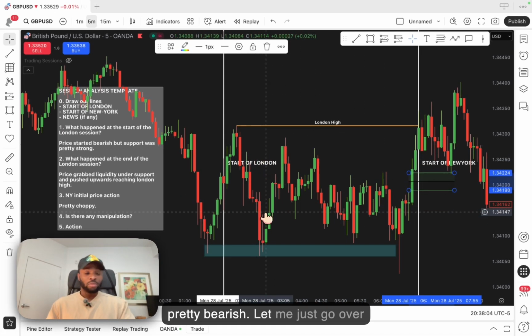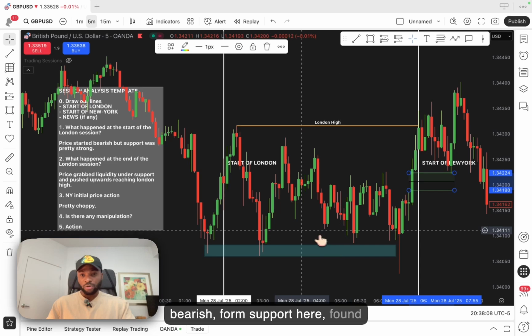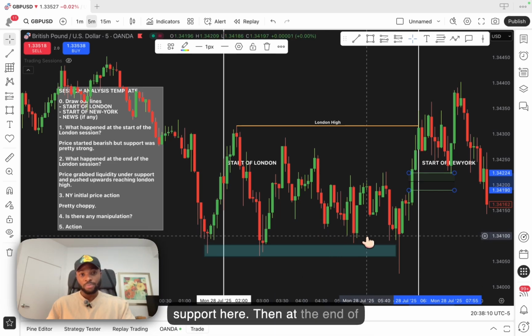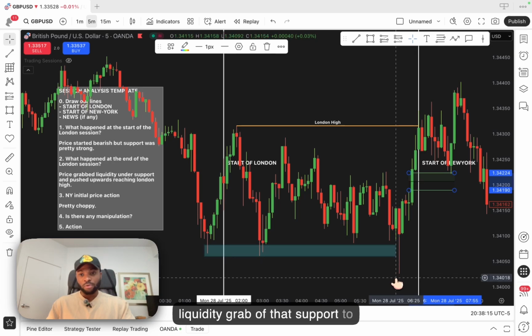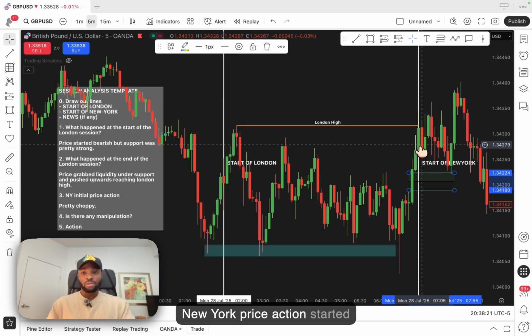London started pretty bearish. Let me just go over this again. London started pretty bearish. Formed support here, found support here. And then at the end of the London session, there was a liquidity grab of that support to push price upwards. Now, initial New York price action started really choppy.